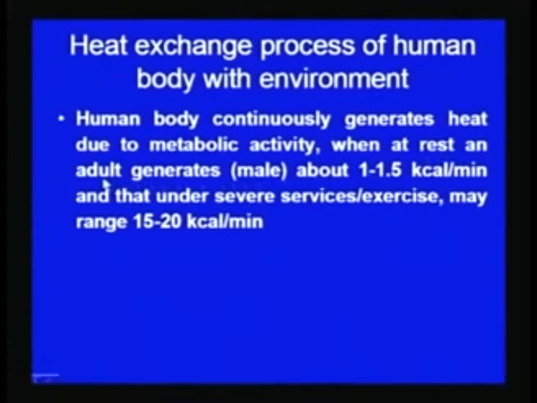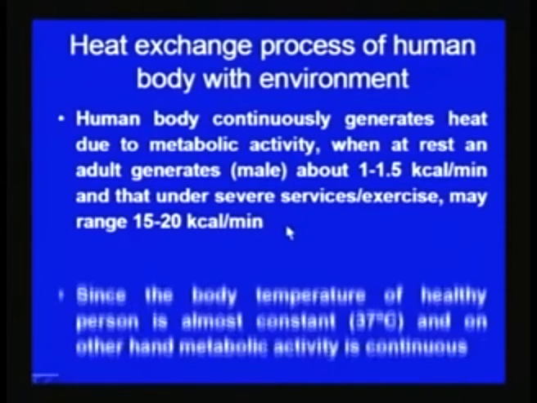When at rest, an adult generates about 1.5 kilocalorie per minute of heat, while under severe working conditions or during exercise, an adult can generate heat as high as 15 to 20 kilocalorie per minute.